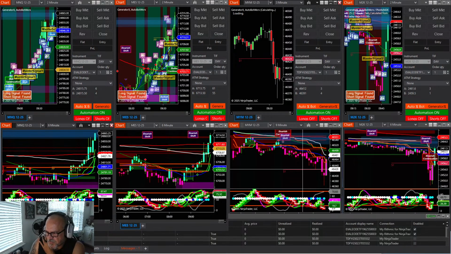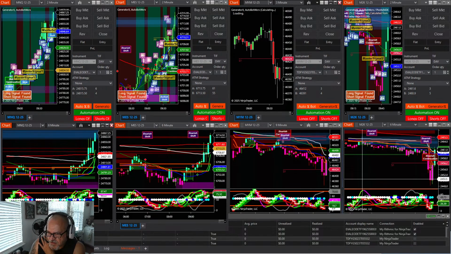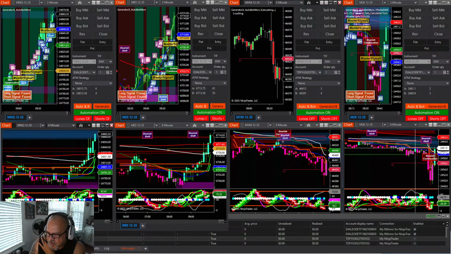Okay. The Russell has turned around and now went and taken out the previous swing high. So the Dow may do the same. Looks like we're going to fair value.